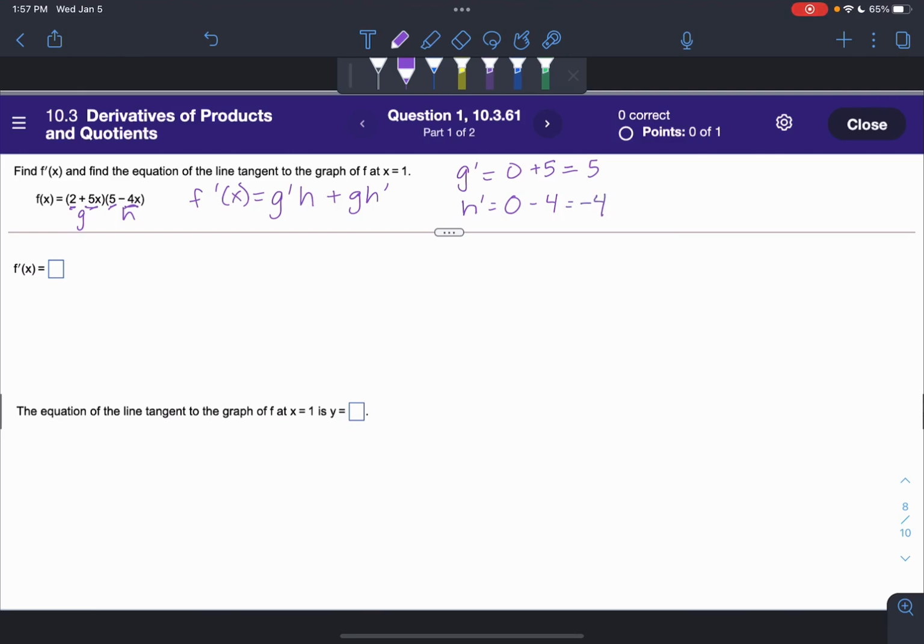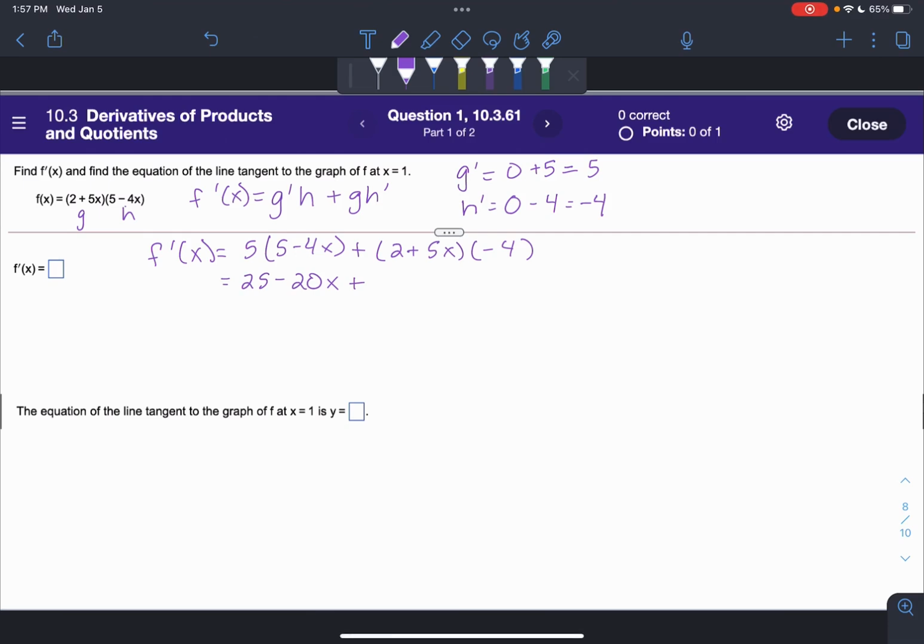So these are my two derivatives that I need. f prime, so I need my g prime, that's 5, times my h, 5 minus 4x, plus g, that's 2 plus 5x, times h prime, which we found to be negative 4. Be careful with the negatives here. Now let's just distribute terms, add them up, simplify, all that good stuff.